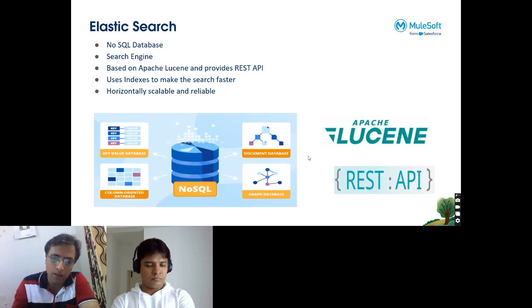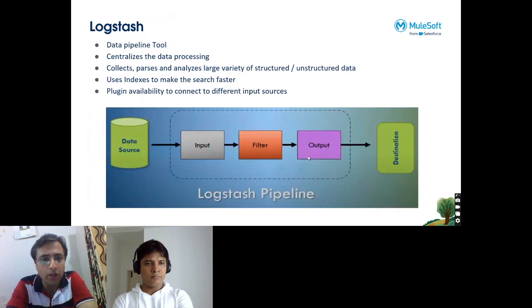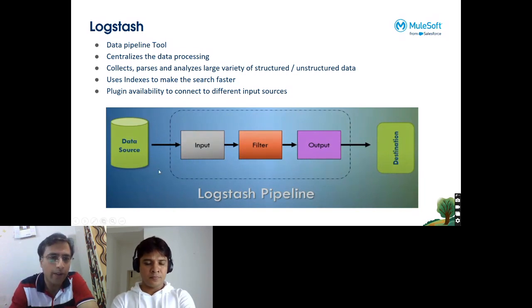Next is Logstash. Logstash is a data pipeline tool; as I said, a data collection tool. It collects the data, processes it, and forwards it to the appropriate destination. Here you see a data source, and the Logstash pipeline consists of three things: input, filter, and output.